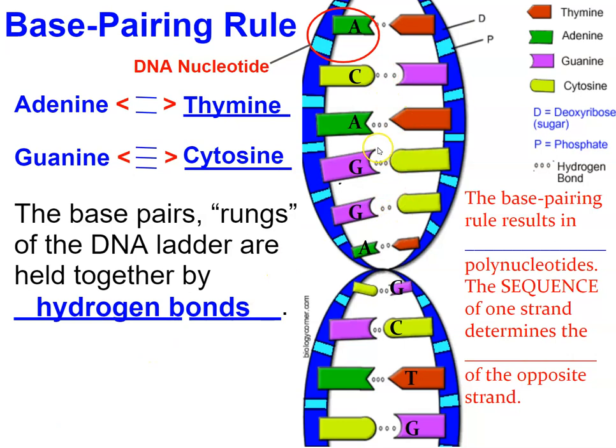But for right now, go ahead and practice putting in the complementary bases, and that's the term we use to describe that. A is complementary to T, G is complementary to C. So go ahead and put in the complementary nitrogenous bases that match up on this polynucleotide, which is going to be complementary to the polynucleotide that's already labeled.